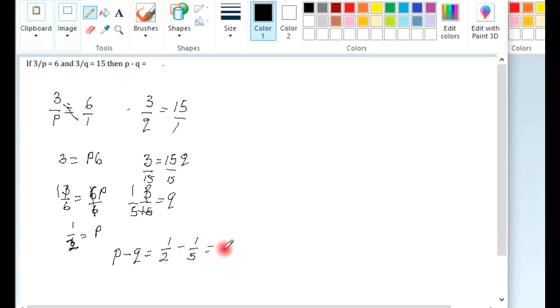So here you are left with, you can find the LCM to be 10. 2 into 10 is 5, 5 times 1 is 5, minus 5 into 10 likely should give us 2 multiplied by 1 is 2. So this will give us 3 over 10, and as simple as that.